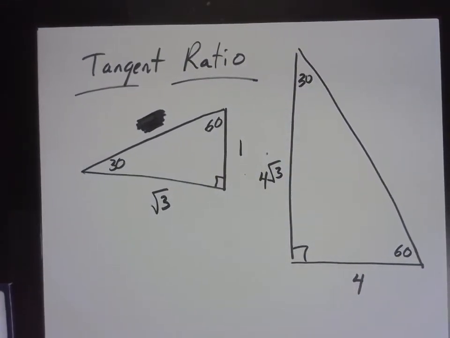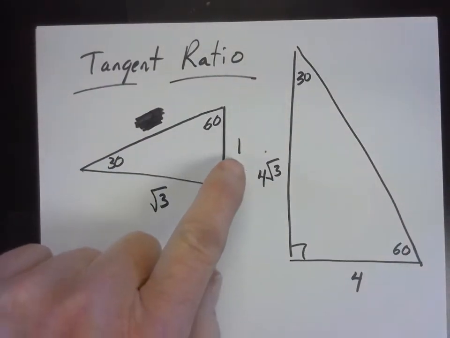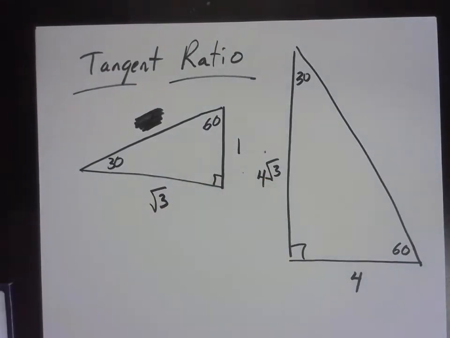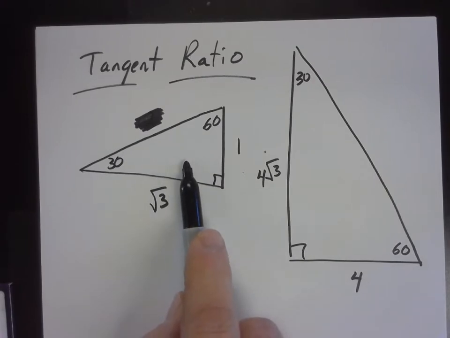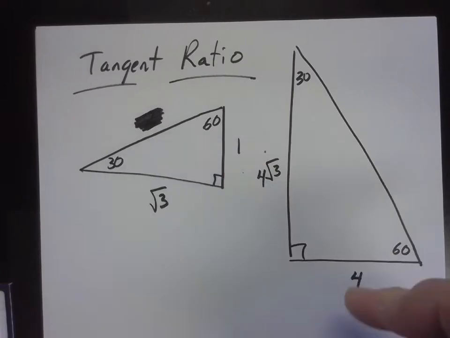But you notice here that the ratio between the short leg and the long leg is the same in both of these, isn't it? So the ratio is 1 to 4, isn't it? If I drew a different 30, 60, 90 triangle, would it still be similar to this original? It would be. And so, because every single 30, 60, 90 triangle is similar to every other one, we know that the sides will be in this particular ratio.